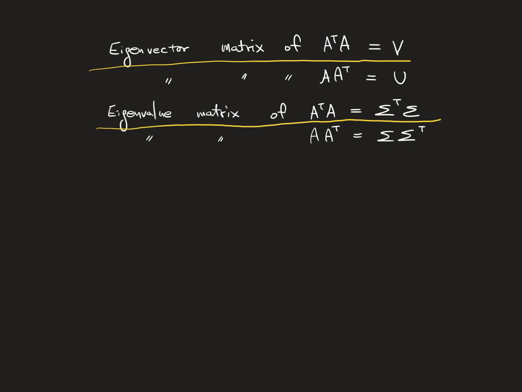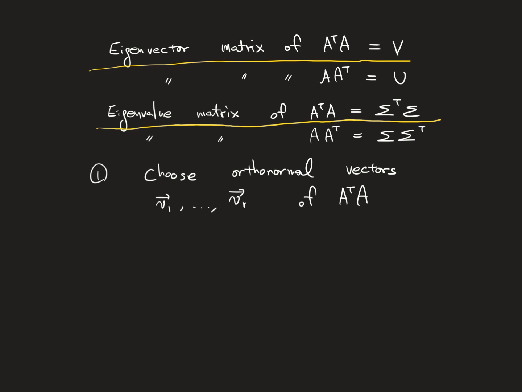And so the steps for SVD are: choose orthonormal vectors. First we find the V. So we can find V1 up to VR of A transpose A, so we can have the V matrix here.